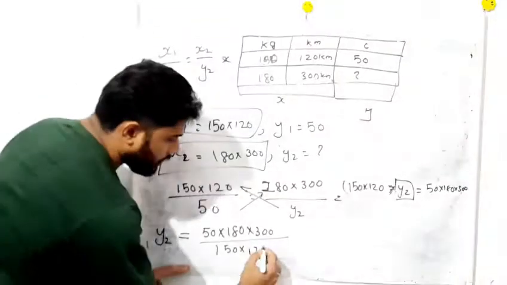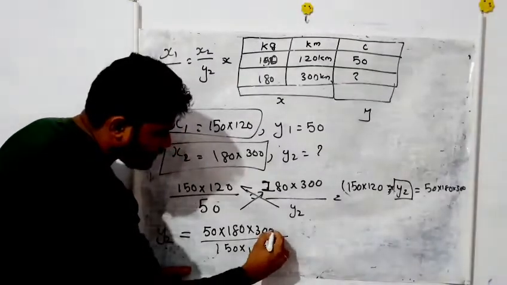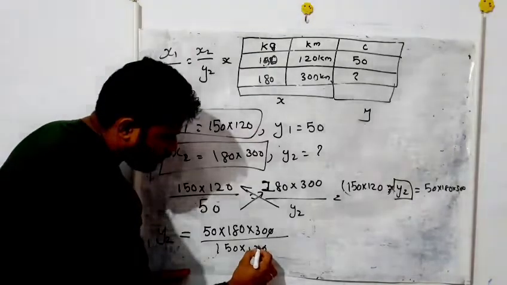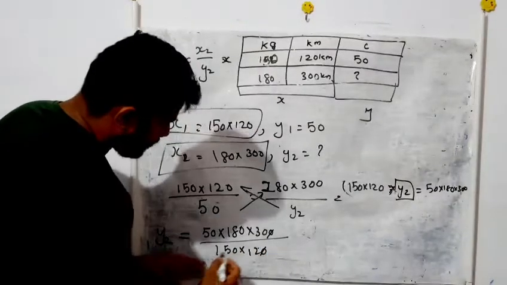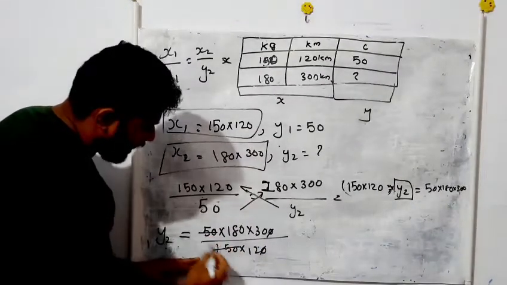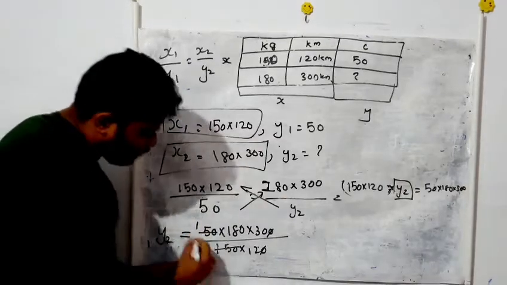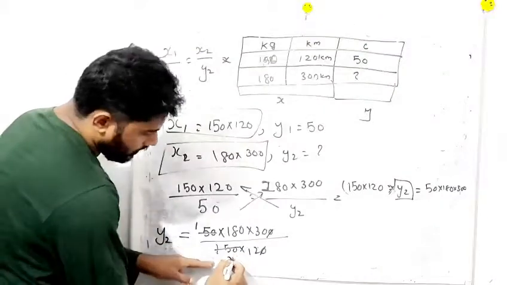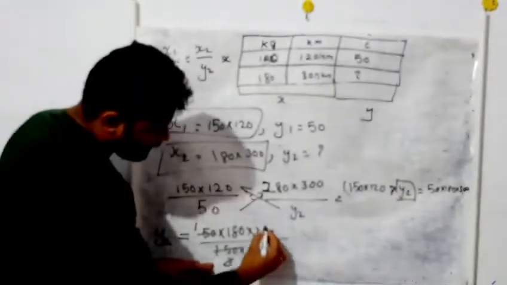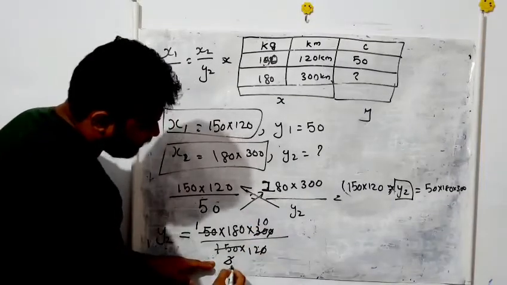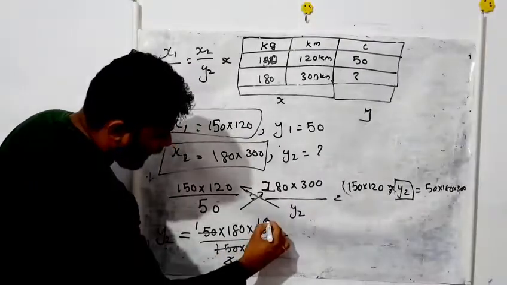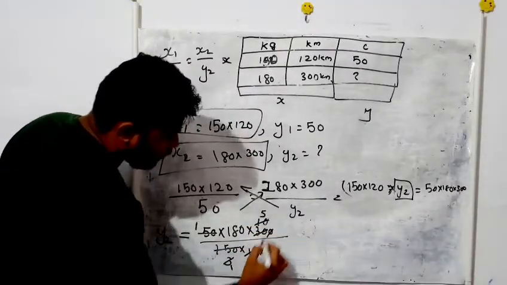Clear? Now we can cut this 0 and this 0. 50 and 150: 3 50s are 150. Now we can cut this 3 and this 30, it became 10 and it will become 1. Now we can cut this 12 and this 10, 5, 6.